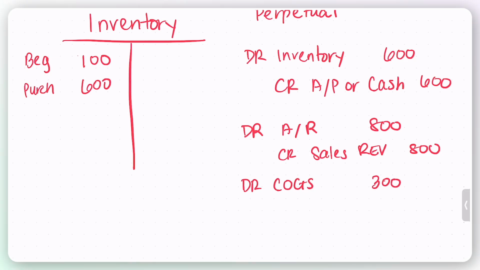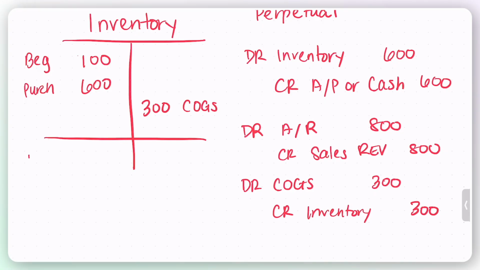In fact, this would probably happen in our accounting system automatically because of the barcodes triggering the journal entry to be made, debiting cost of goods sold and crediting inventory for $300. So we would see $300 come out of the inventory account. That would be our cost of goods sold. And then we could just do the math and figure out that our ending inventory balance must be $400.